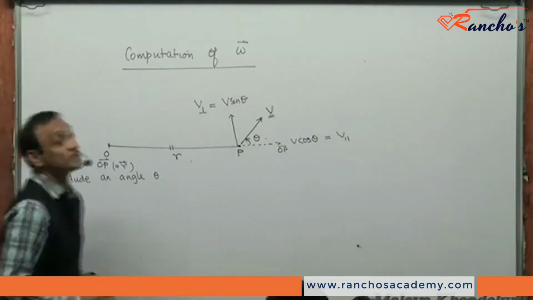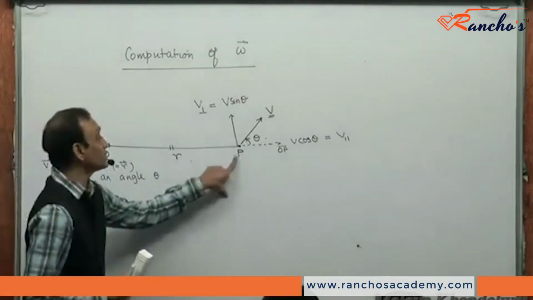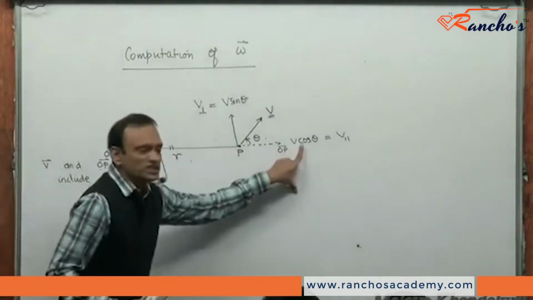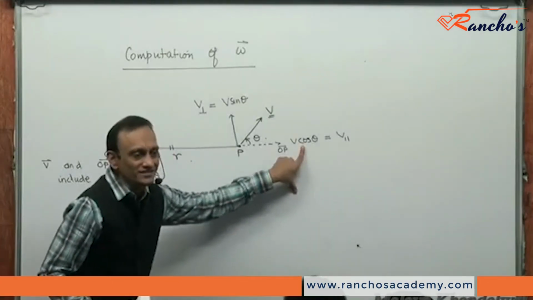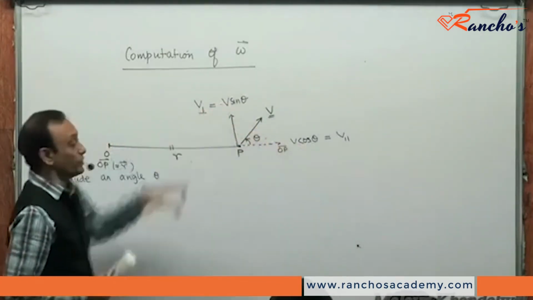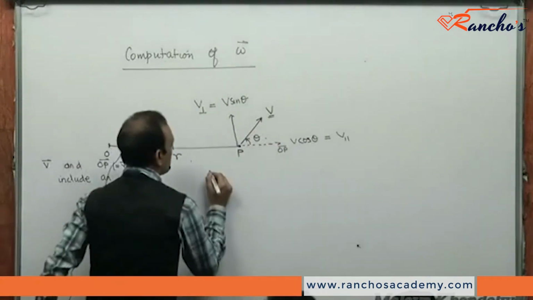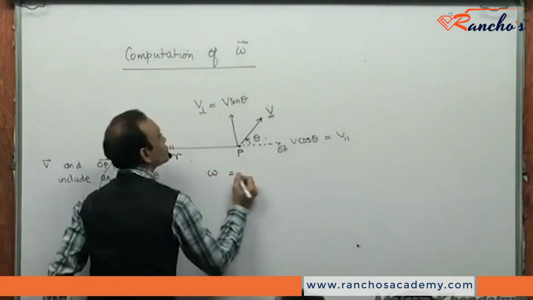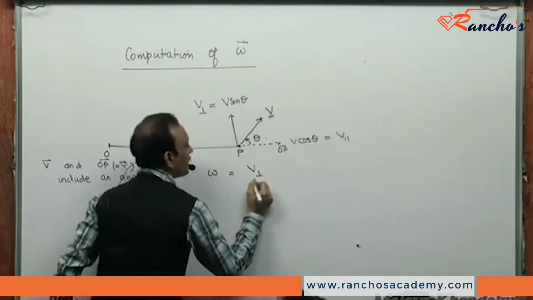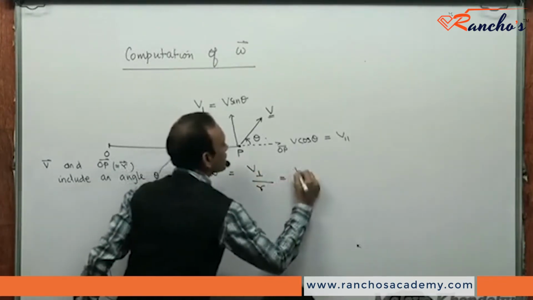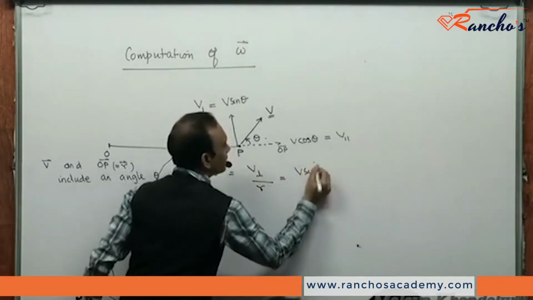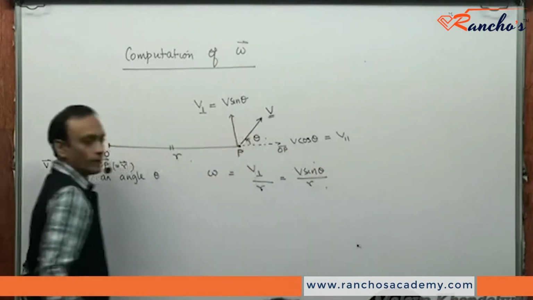Now, this time I want to compute the angular velocity of the particle as seen by O. V cos theta will not contribute to angular velocity, right? But V sin theta would. So this time the angular velocity of the particle as seen by O is going to be V perpendicular divided by R, which is V sin theta divided by R. Yes or no?